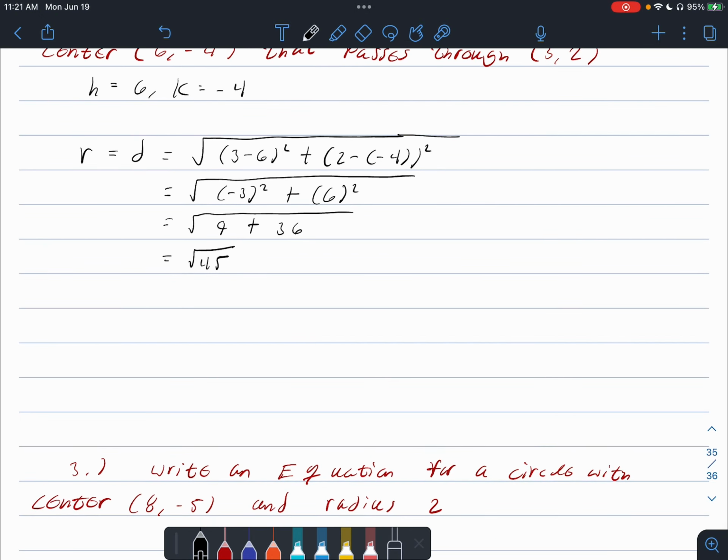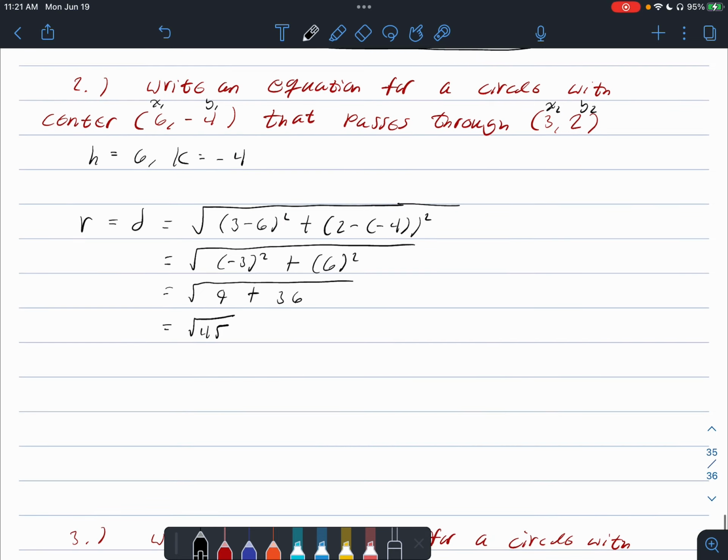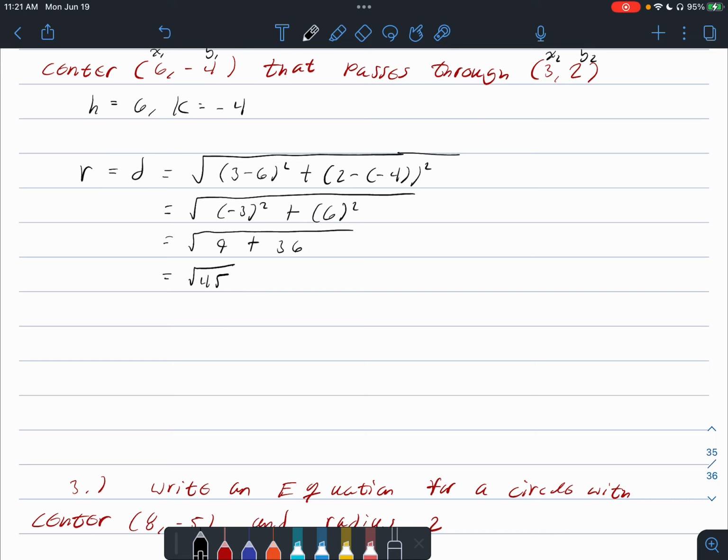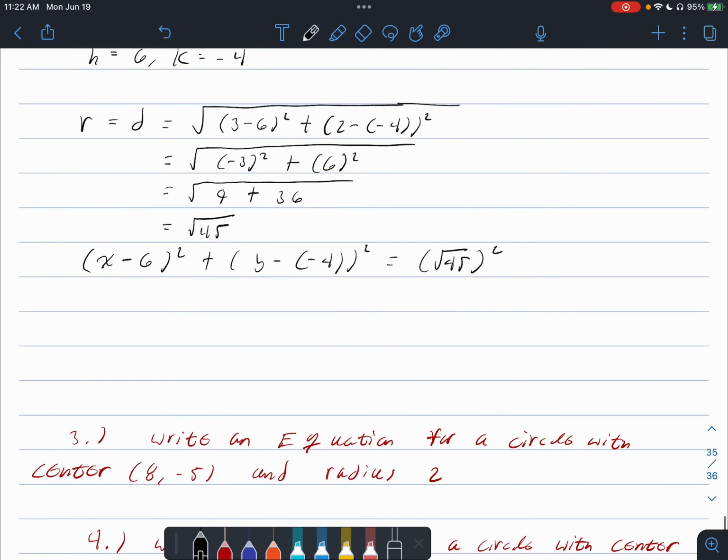So we have that our equation for our circle is given by (x minus h) squared plus (y minus k) squared is equal to our radius squared. So we have (x minus 6) squared plus (y minus a negative 4) squared is equal to r squared, or the square root of 45 squared. See, if you were to simplify this, you're just making it more difficult for yourself.